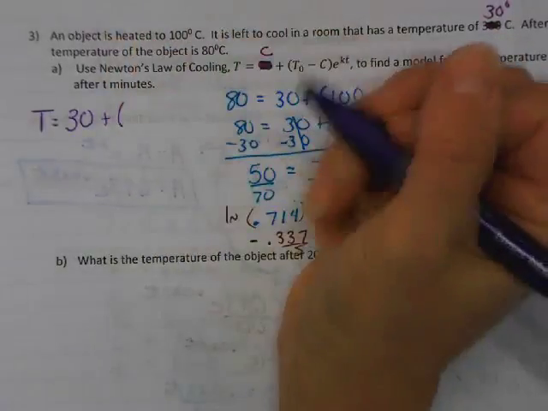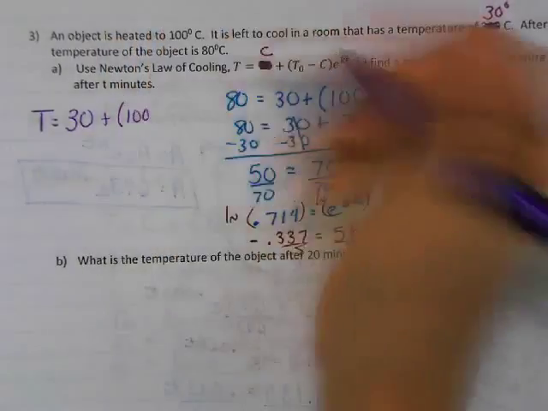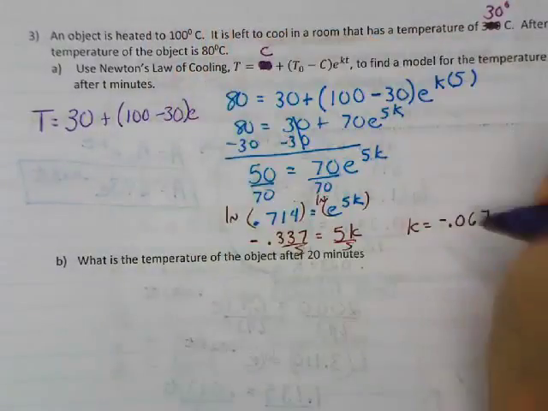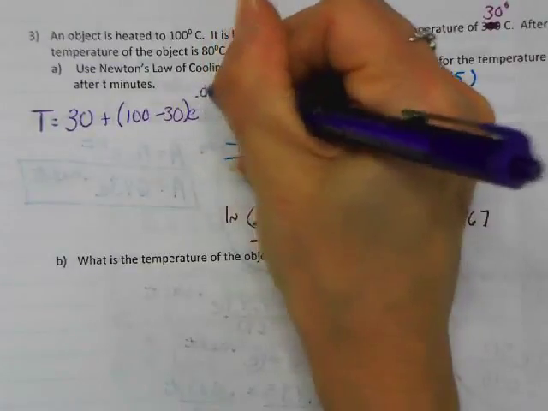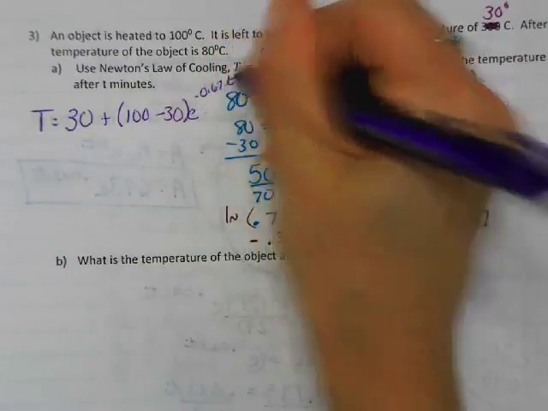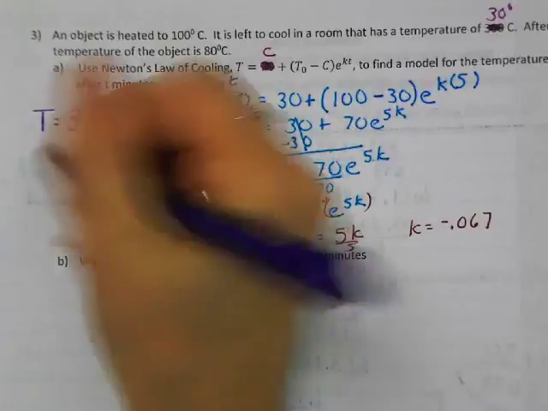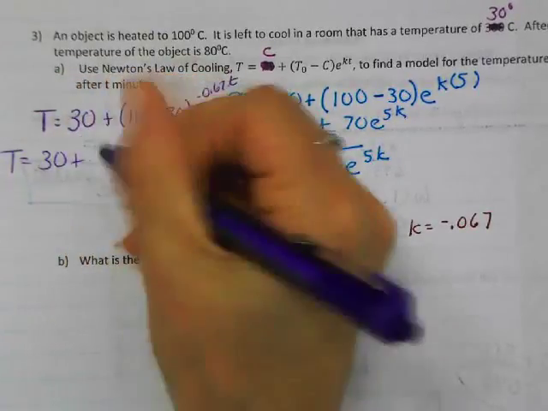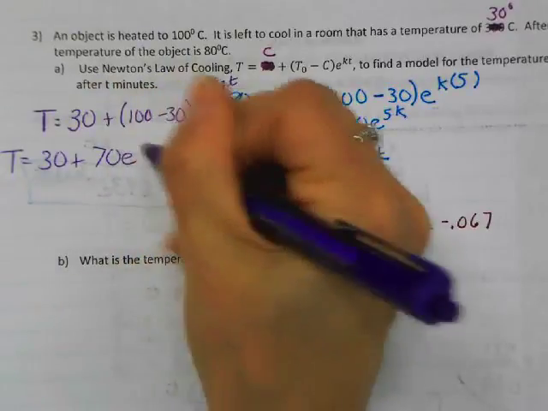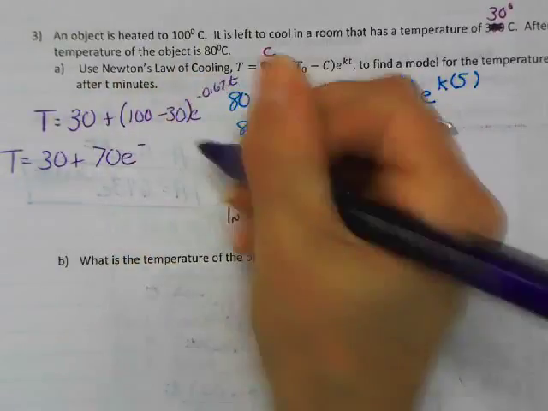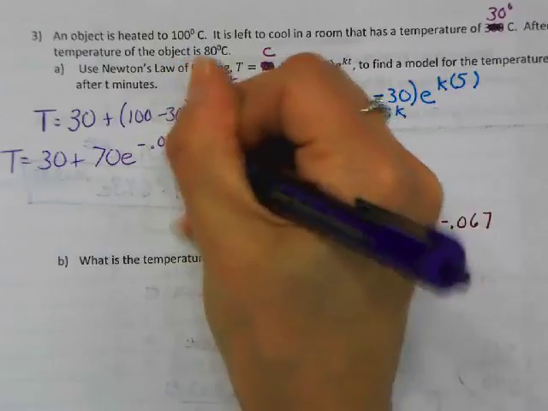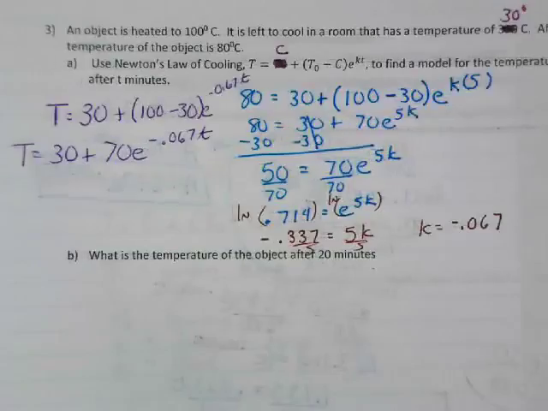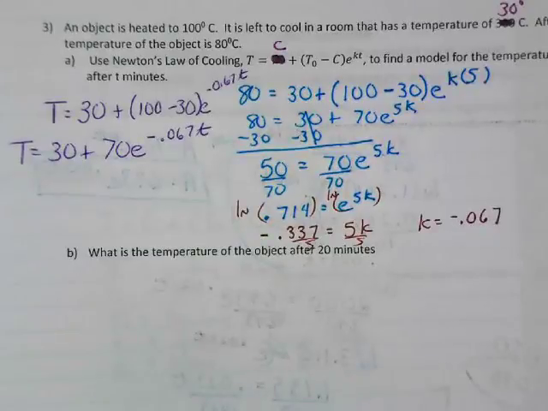I'm running out of room, so let me clean that up for you, because that's pitiful. Can we go ahead and write this as 70 e to the negative 0.067 t? And I apologize, I thought this was going to be a short video, but there was really no way to do it without typing in the numbers. So I'm going to try to finish up this example, and then we'll save number 4 for class.